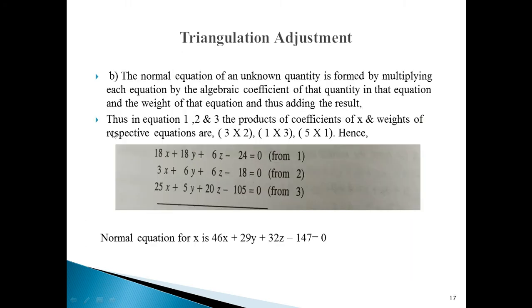Thus in equations 1, 2 and 3, we take the product of the coefficient of x and the weight of the respective equation. So it is 3 into 2. Why 2? Because 2 is the weight of that equation, and 3 is the algebraic coefficient of x in equation 1. The coefficient of x in the second equation is 1, and its weight is 3, so 1 into 3. The coefficient in the third equation is 5 and its weight is 1, so 5 into 1.